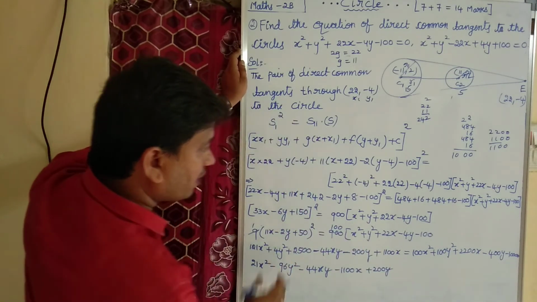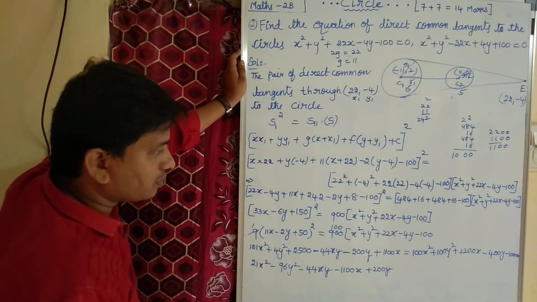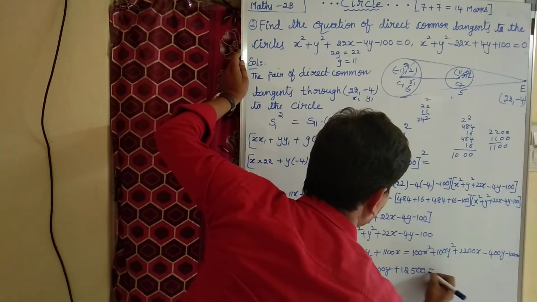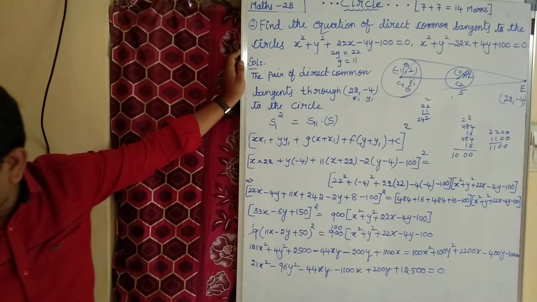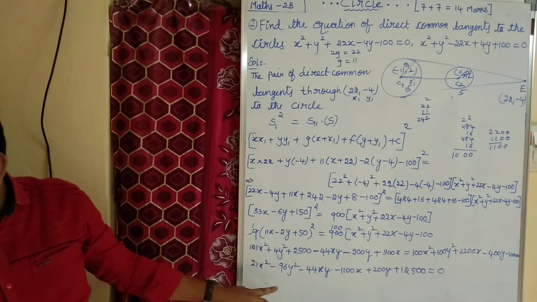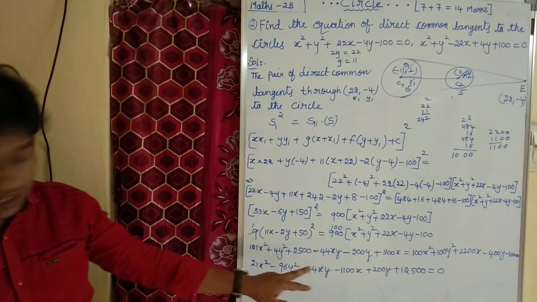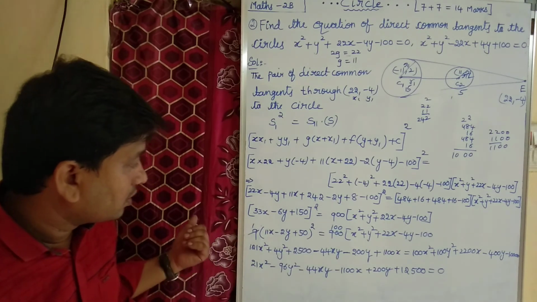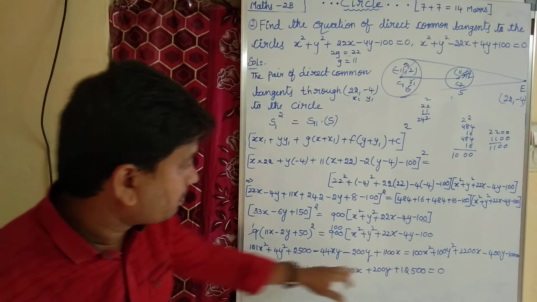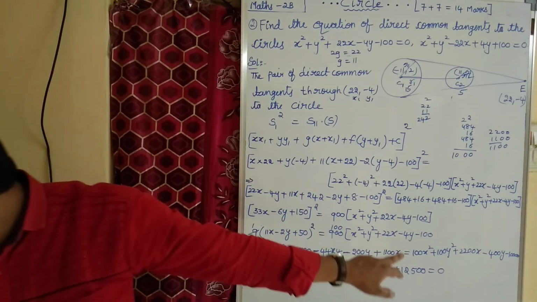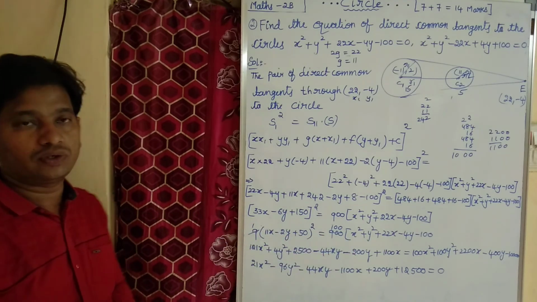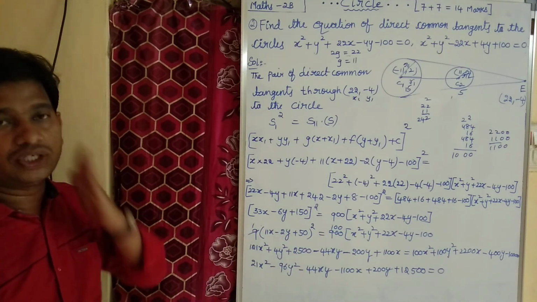Yes, we have 2500, and if you transpose, plus 10,000, that is 12,500, equal to 0. So the answer is 21x square minus 96y square minus 44xy minus 1100x, this is plus 1100, that is equal to plus 2200. Yes, correct. Plus 200y plus 12,500 equal to 0.